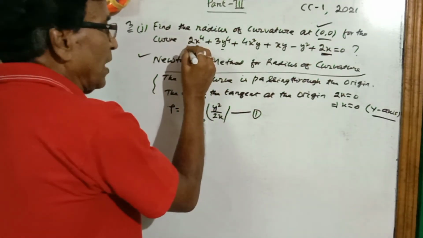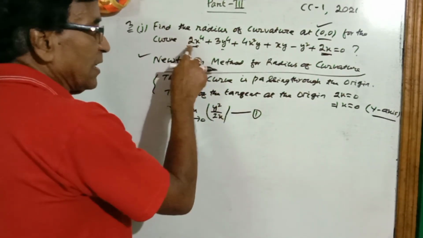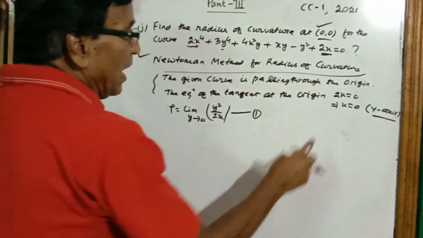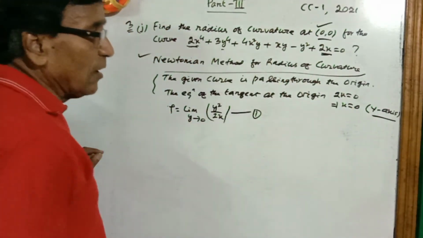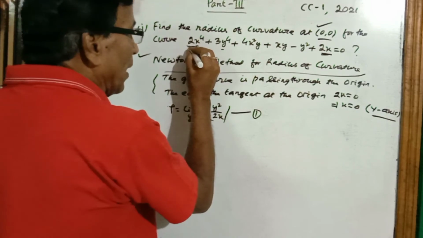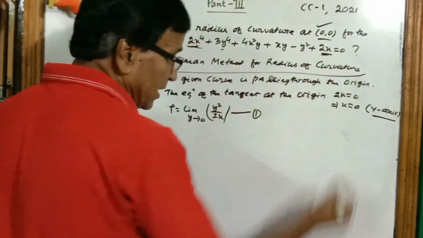So here we have observed that this curve is passing through the origin and the y-axis is the tangent at the origin. So you divide the entire equation by 2x.